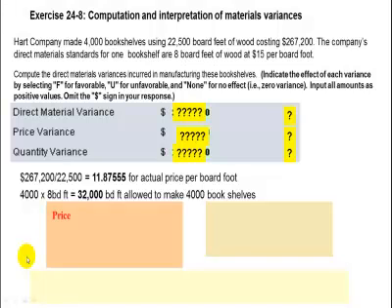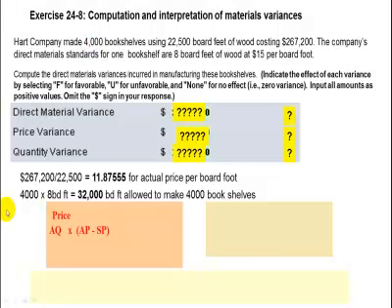Alright, price variance. That's our first variance to compute. Price variance is going to be the actual quantity of material times the difference between the actual price and the standard price of material. So let's plug in what we know. You always start with how many bookshelves you made. Well, you made 4,000.